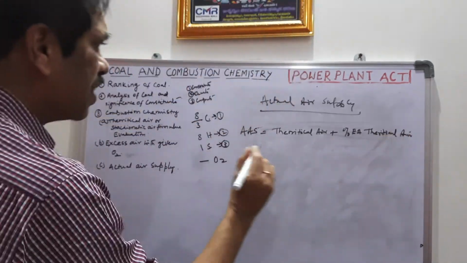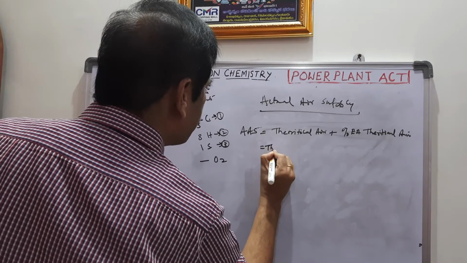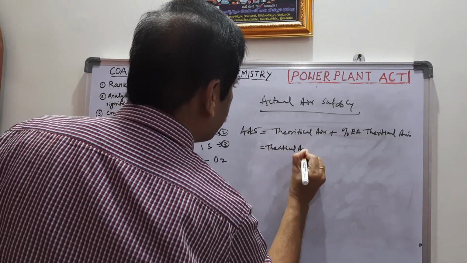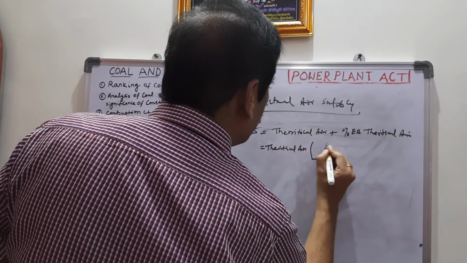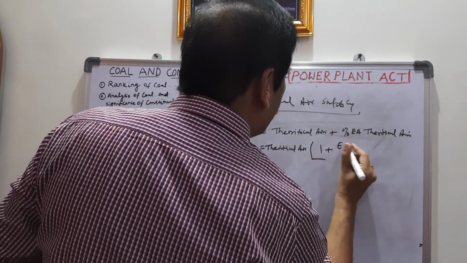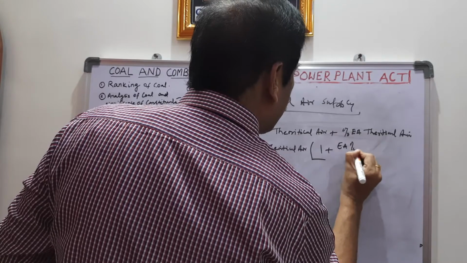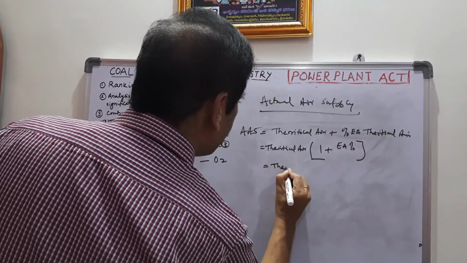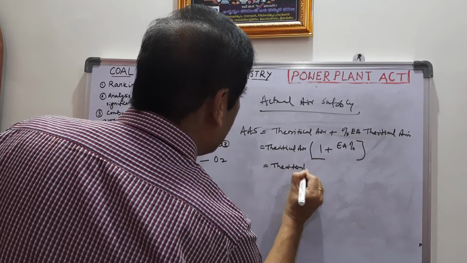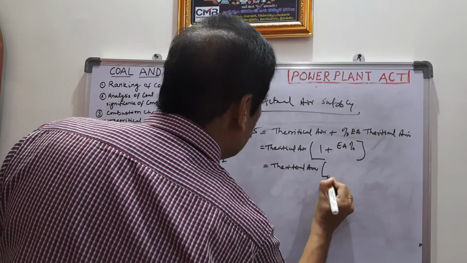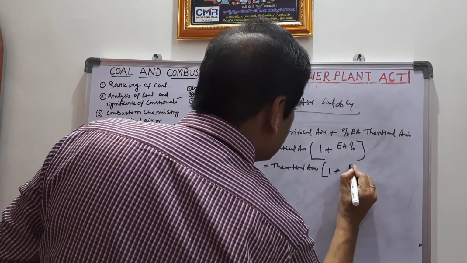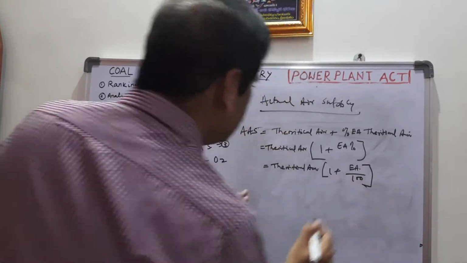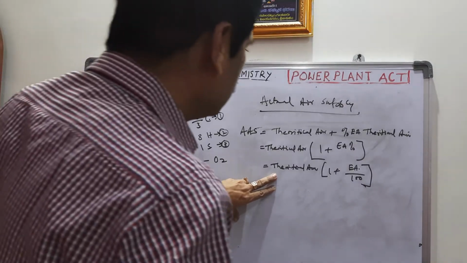So this theoretical air is common: theoretical air into 1 plus excess air percentage, which is equal to theoretical air into 1 plus excess air by 100. This is the final formula of actual air.